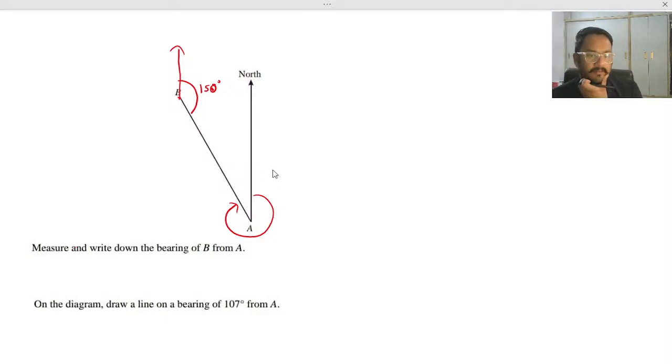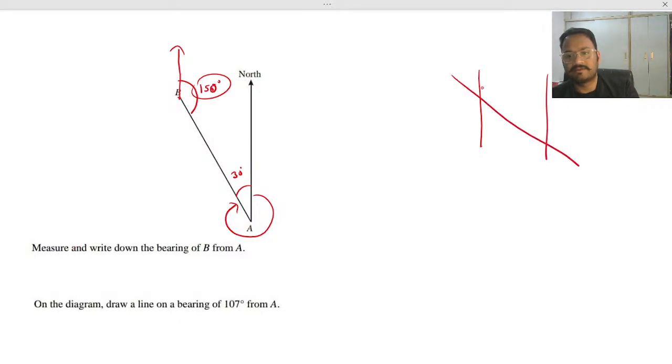Okay. Now, write down the bearing of B from A. So if this is 150, then this will obviously be 30, because these two are co-interior angles. If the line goes like this, and this is 150, then this is obviously 30 degrees.